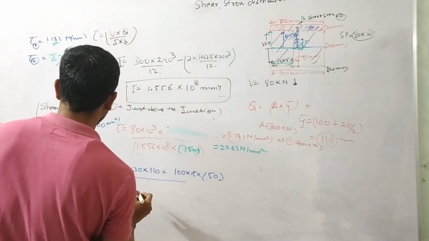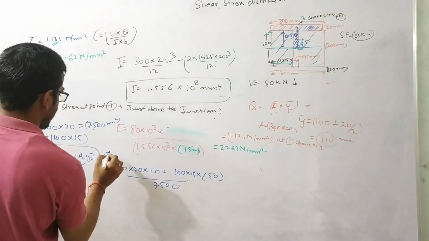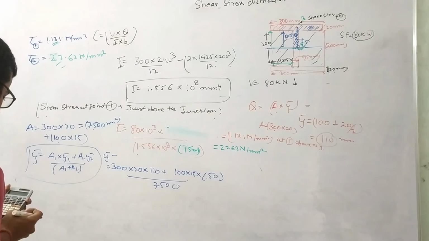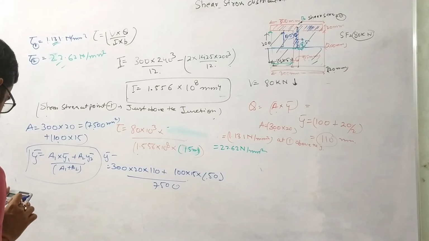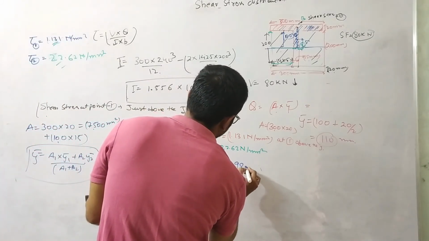The total area which we have calculated is 7,500. So Y bar comes out to be 98 mm.